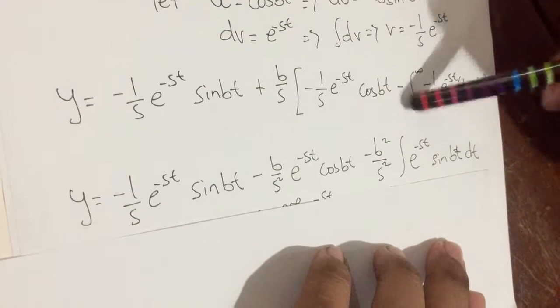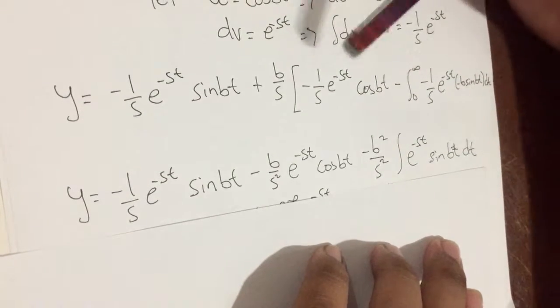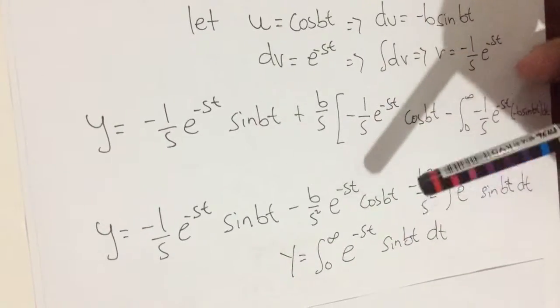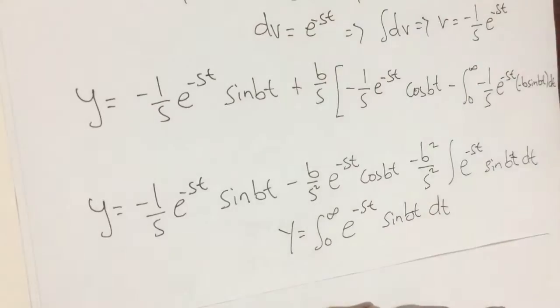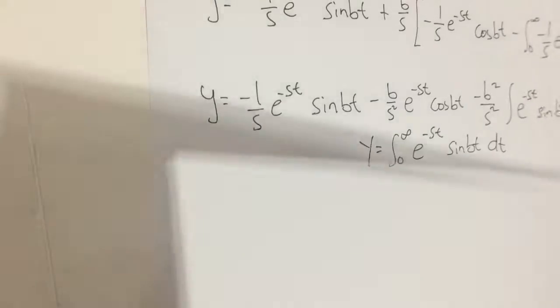This part here, the integral of e to the negative st sine bt, is equal to the y here. Here y is equal to the integral of 0 to infinity e to the negative st sine bt dt. We then substitute this y.